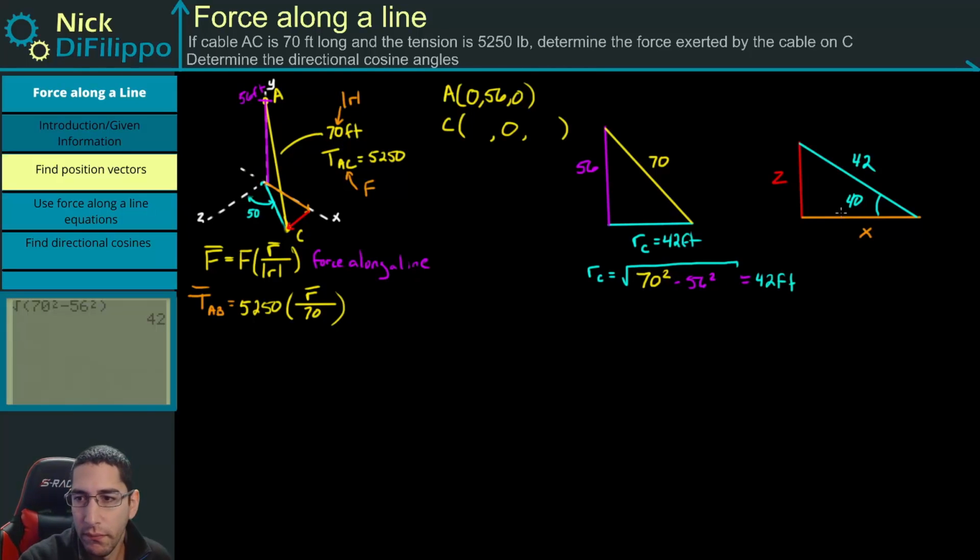Now, okay, I have the hypotenuse and I have this angle, so x is going to be equal to 42 times the cosine of 40. Z is going to be equal to 42 times the sine of 40, and let's calculate those.